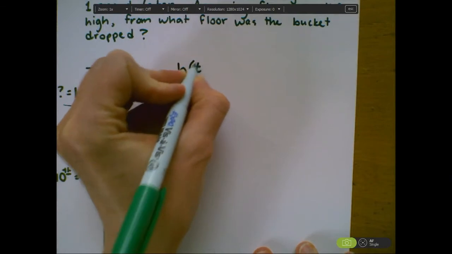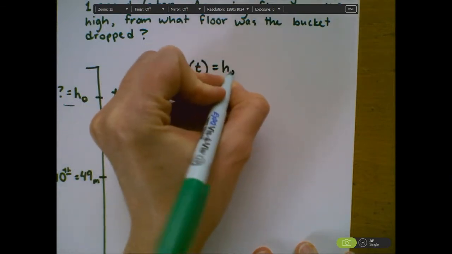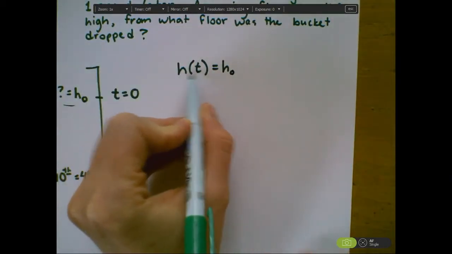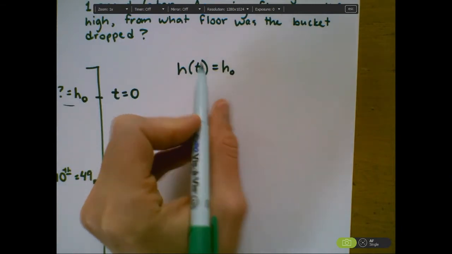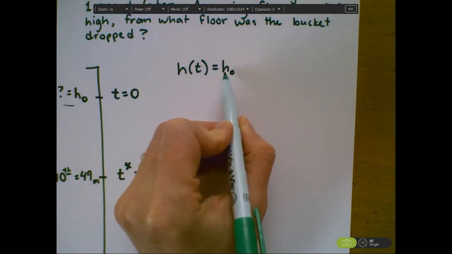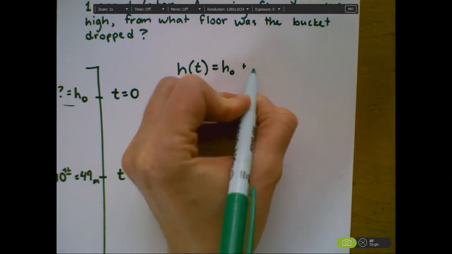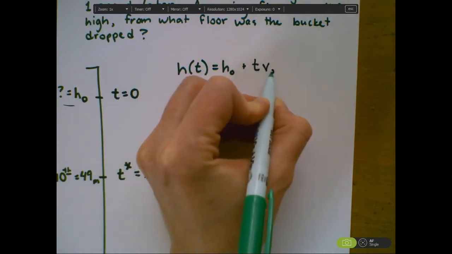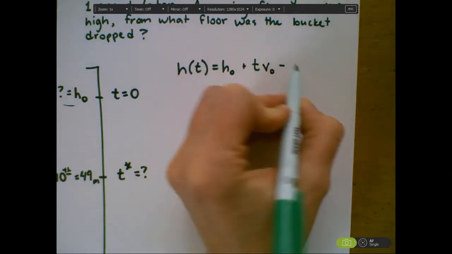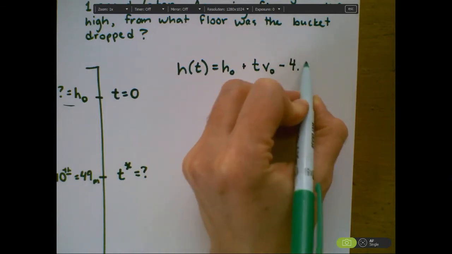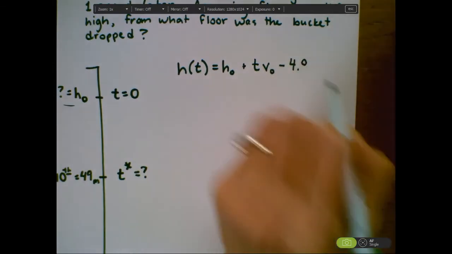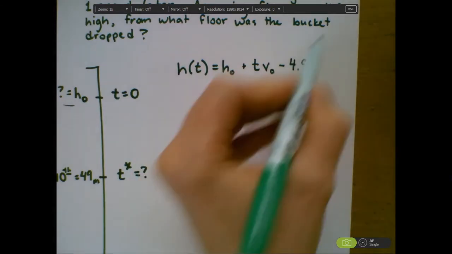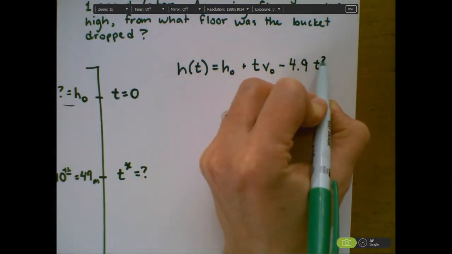Our generic form of Galileo's formula is going to be h of t, the height of an object falling under gravity, is equal to the initial height plus t times v naught minus 4.9 t squared.